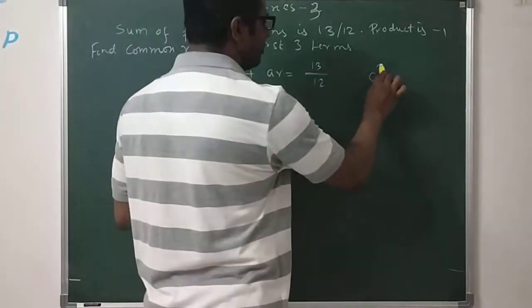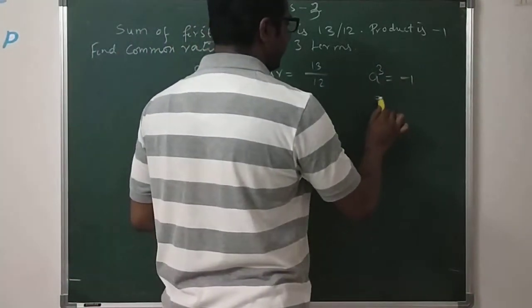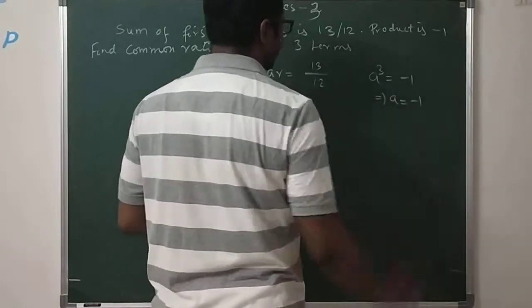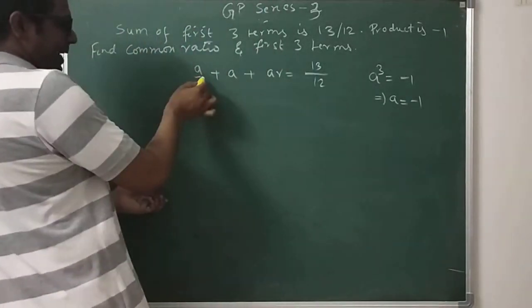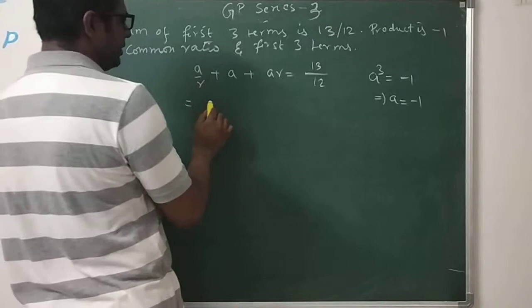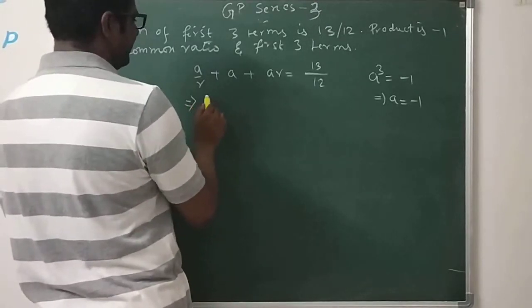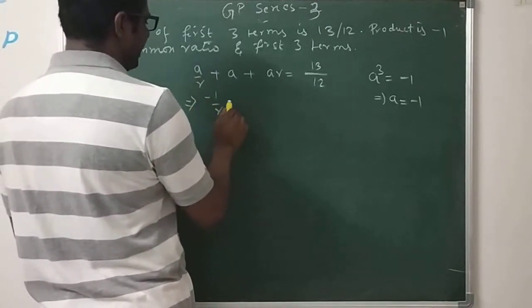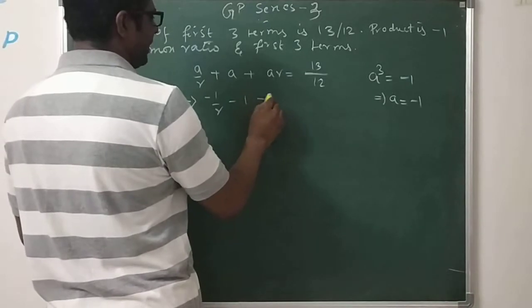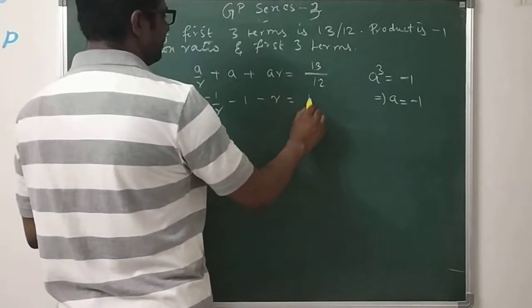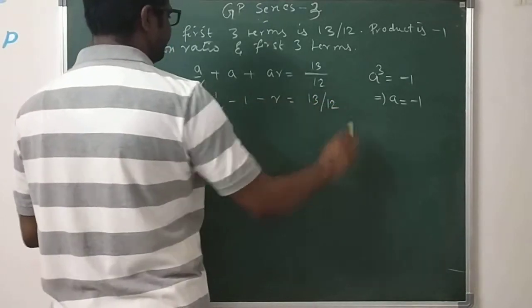So it is A cube equal to -1. I can get A equal to -1. And I can replace the A's with -1. So I can write basically -1 by R minus 1 minus R is equal to 13 by 12.